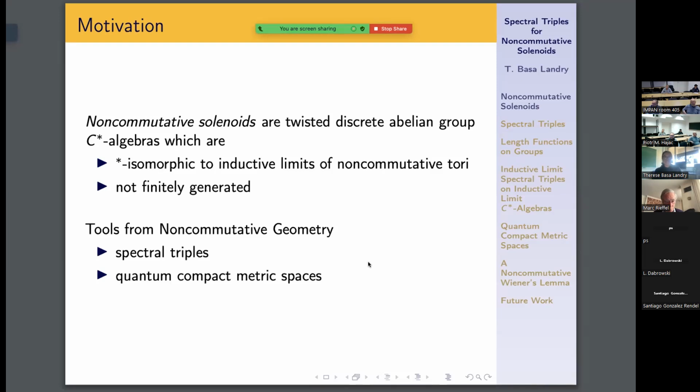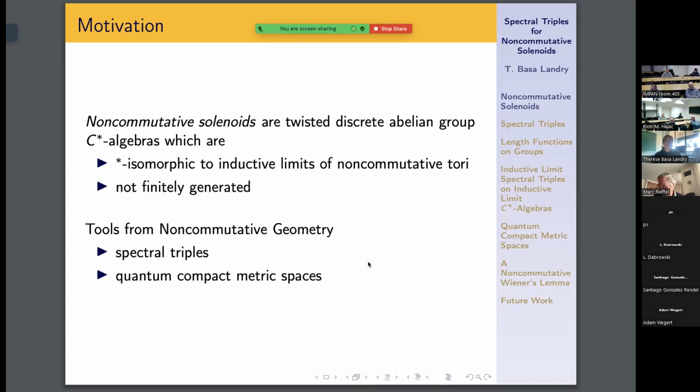So to study non-commutative solenoids, we use tools from non-commutative geometry. Using these tools, non-commutative solenoids can be viewed as quantum analogs of manifolds via spectral triples in the sense of Connes.